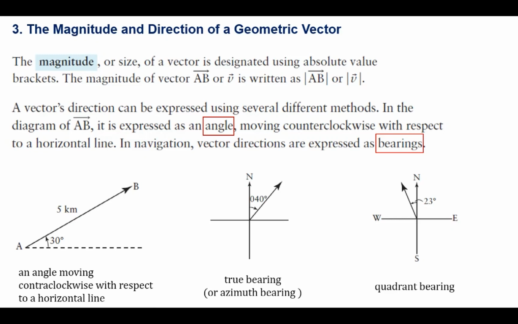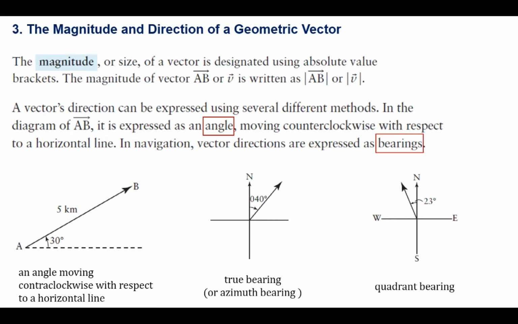The magnitude of a vector AB or vector V is written as the absolute value brackets of vector AB or the absolute value brackets of vector V, like this. Are you clear? So these two symbols mean the magnitude of the vector only, does not contain any direction.